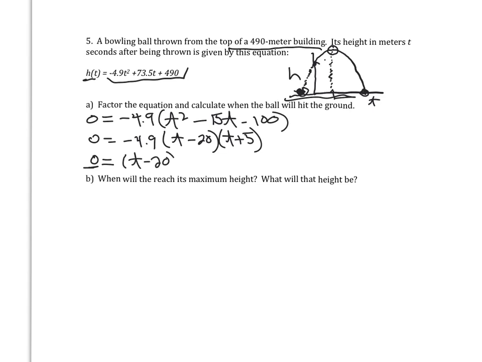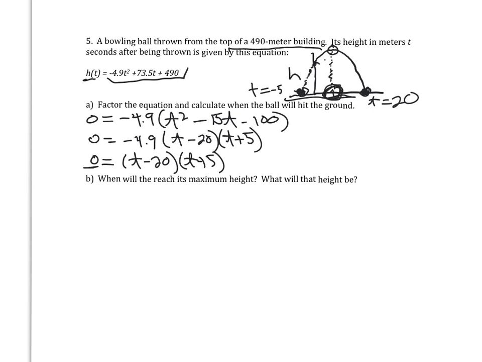T minus 20 times t plus 5, which means that t is equal to 20 is going to be the point when it hits the ground, so 20 seconds after it's thrown. Meanwhile, this other t value over here, t is equal to negative 5, doesn't make sense in the problem because it's before the ball was thrown. It's backwards in time. But what it does help us is it helps us figure out what's this t value of this middle point here.